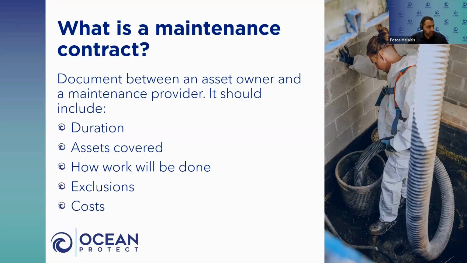I think the three key take-home messages from me would be, prior to engaging into a maintenance contract, you want your maintenance contractor to come to site and do a once-off thorough inspection of all treatment assets on site. So to basically identify the functionality of the existing system. These could be assets that have just been installed, or there could be assets that have been in operation for 5 or plus years.